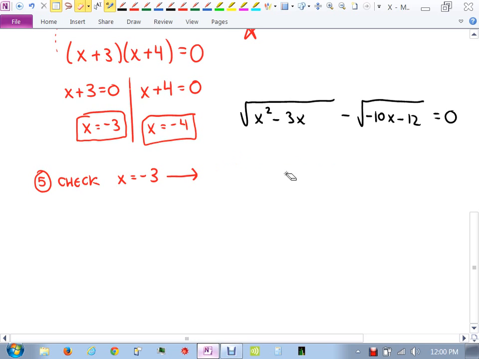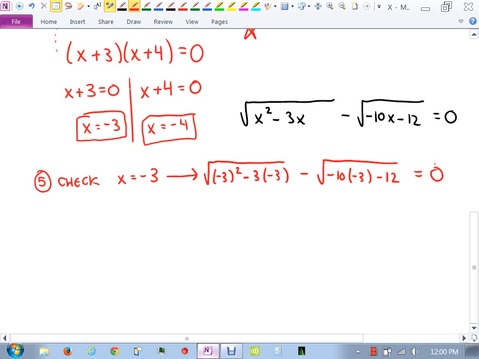So let me see what happens here. I'm going to have -3 squared minus 3 times -3 minus the square root of -10 times -3 minus 12. Does that equal 0? Do y'all see all my x's here? Got all replaced by -3's, right? What's -3 squared? 9. So we have 9. Then you have minus 3 times -3.